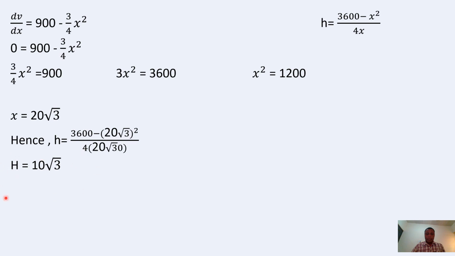The dimension for the box will be 20 root 3 times 20 root 3 times 10 root 3, which is length times breadth times height for the dimension of the box. So it is a square at the base, that's why we had these being the same, and then the height. So these are the dimensions.